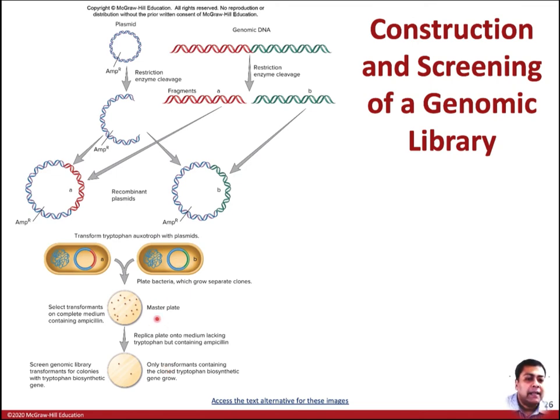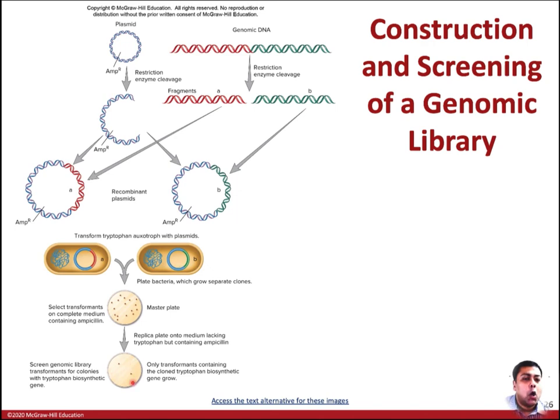We are selecting the media against ampicillin, meaning that this plasmid will have an ampicillin resistance. So only the bacteria with the ampicillin resistant gene will be growing on this media. But this is a complete media, meaning all the different amino acids are present in here. Now we do a replica plating and we put into media where we do not have any tryptophan.